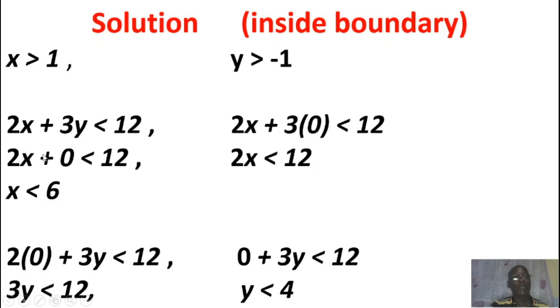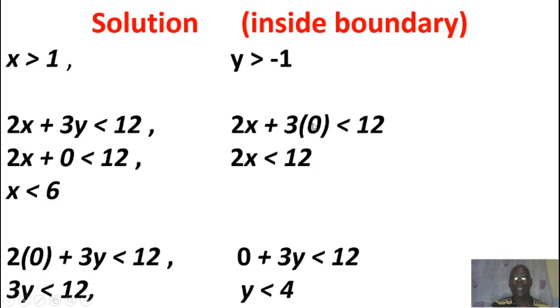Remember, if we want to find what x will be on its own axis, we will take the value of y to be 0 and put in the 0 as a value of y. Look at it here: 2x plus 3y is less than 12. Then 2x plus 3 into 0, we have taken y to be 0.